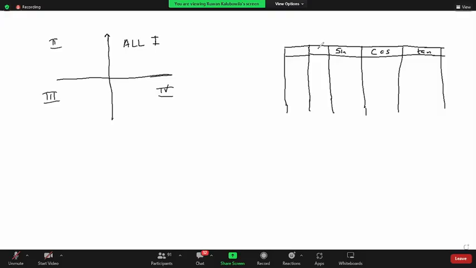Anyhow, this is in degrees and this is in radians. Theta: starting from 0, then 30, 45, 60, and in radians, this is 0, this is π/6, π/4, π/3.